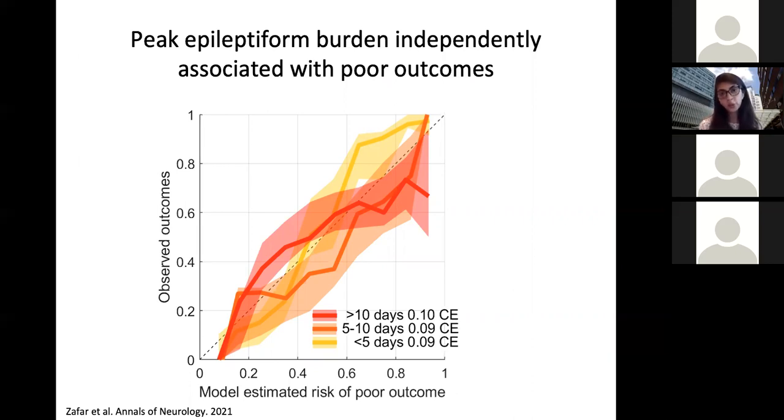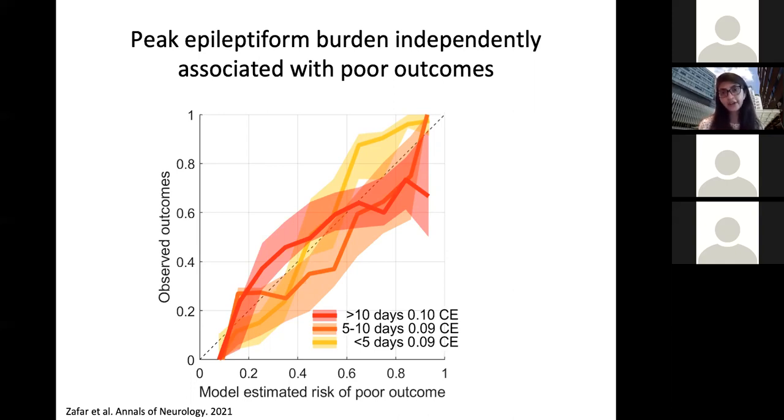And what we found was that of the 3 measures of epileptiform burden, the first 24-hour burden, the peak burden, and the cumulative burden, the peak epileptiform burden, which is again the 12-hour window that had the highest concentration of these patterns, independently predicted poor outcome at discharge.